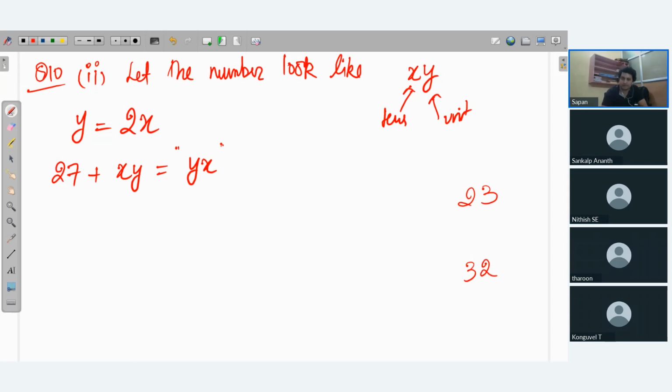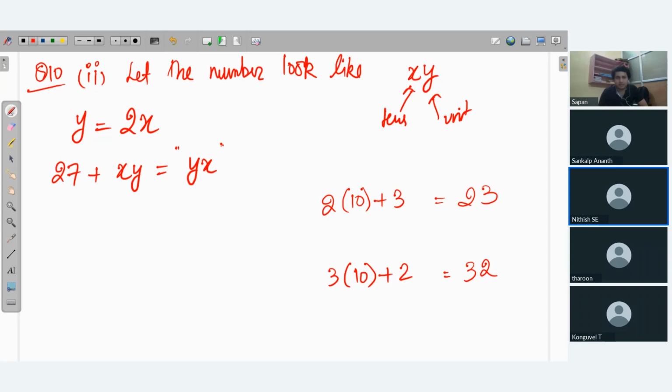This can be written as 2 into 10 plus 3, and this can be written as 3 into 10 plus 2. So basically the digits 2 and 3 play the role of x and y, and we notice this and then utilize it.